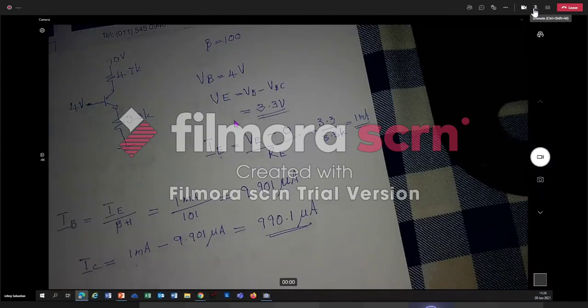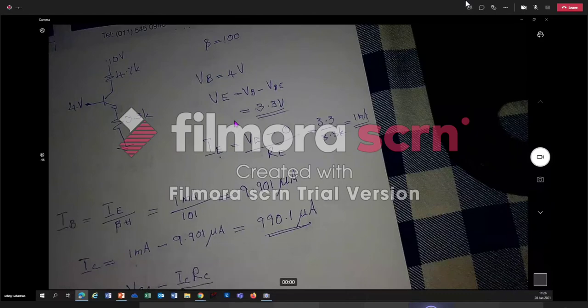So the only way of finding the voltage at the collector is VCC minus IC times RC. Remember, current times resistance is a voltage drop. So supply voltage minus the voltage drop across RC will give you the collector voltage. 10 minus collector current, 990.1 microampere, times 4.7K.